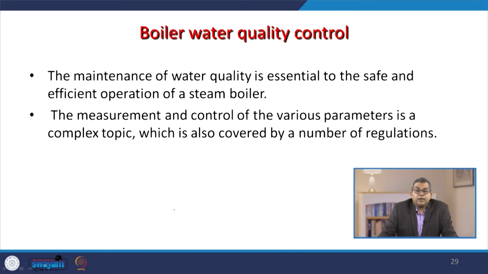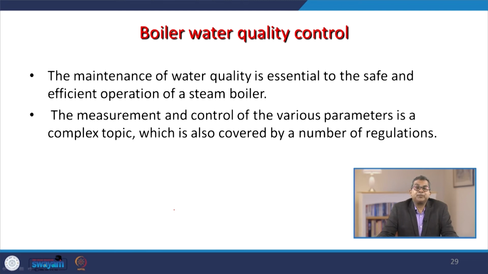Now, the boiler obviously uses water for the production of steam, and we discussed that the quality of water is extremely important, because natural water may contain dirt, debris, total dissolved solids, etc. Apart from this, there is some hardness, and sometimes we are reheating the boiler water, maybe with condensate recovery, maybe through some other aspect.